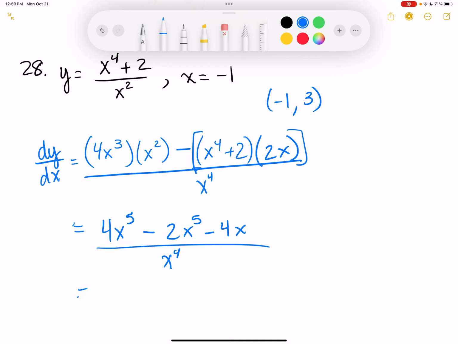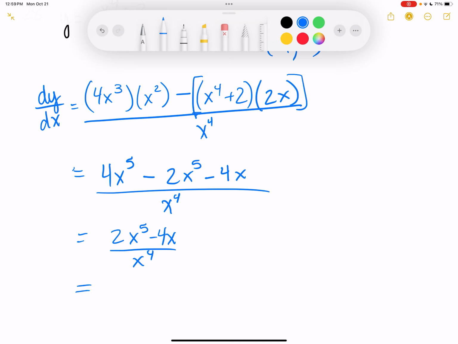I think we can factor a 2x out of the top. I technically right here could go ahead and find my slope without simplifying it down, but we're just going to simplify it for practice. So 2x to the fifth minus 4x over x to the fourth.